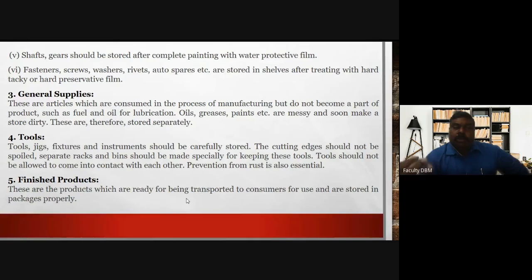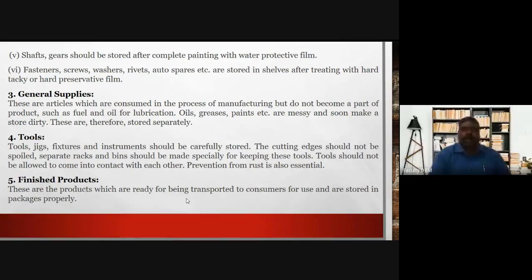Finished goods. These are the products which are ready for being transported to the consumers, and they are stored in proper packaging. You would have seen that after manufacturing, every product like biscuits, chocolate, even home appliances, is wrapped well in plastic covers, cartons, or wooden material.